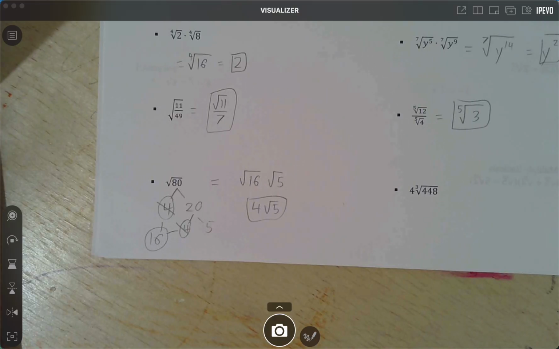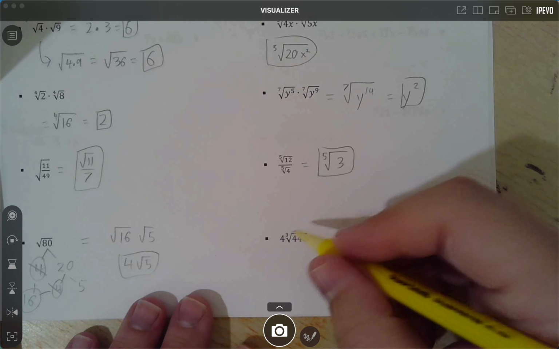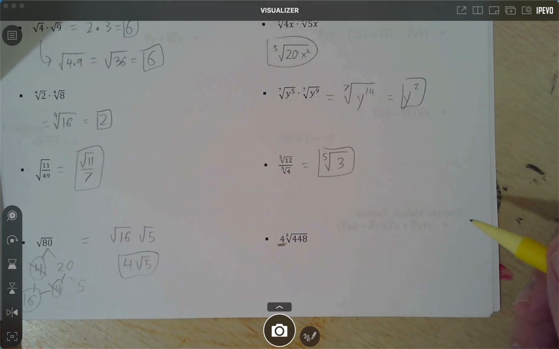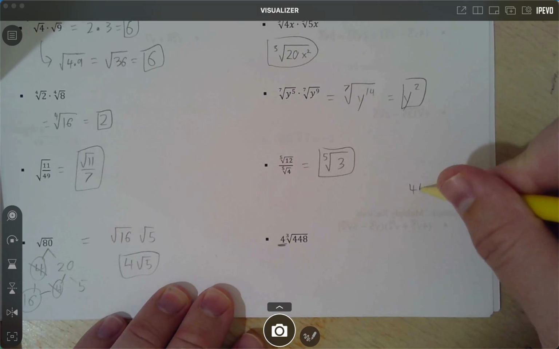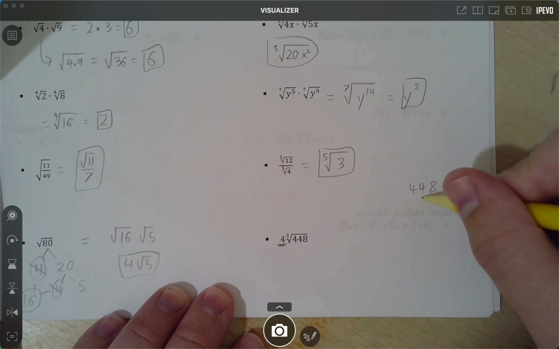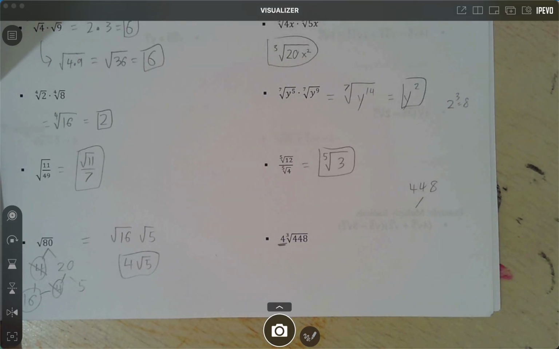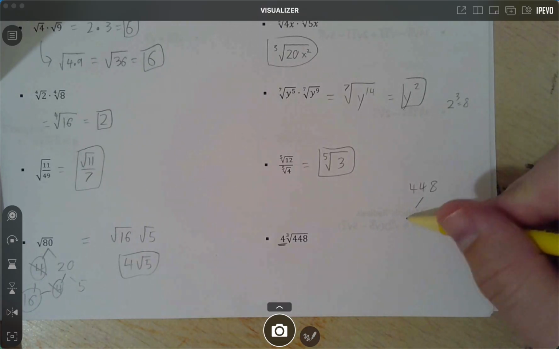Now guess what? It doesn't just work with perfect squares, it works with perfect cubes as well. The thing about this is we've got this 4 to remember to tag along as we go through the problem. But for now, let's look at 448. For cube roots, again, we've got 2 cubed is 8. And although, actually I think it does, 448, does that have an 8 inside of it? Yes, it does.